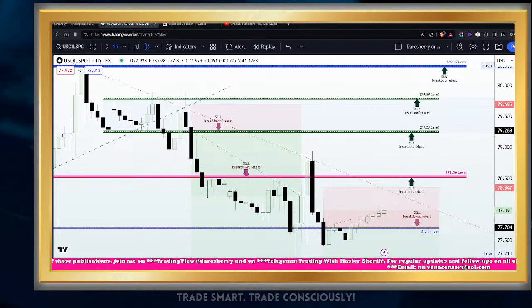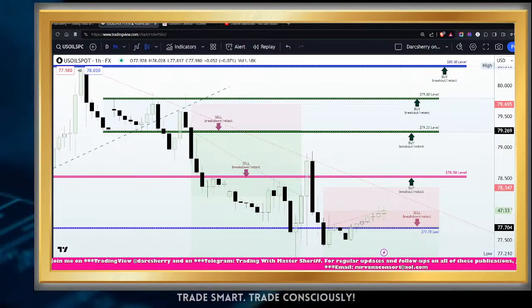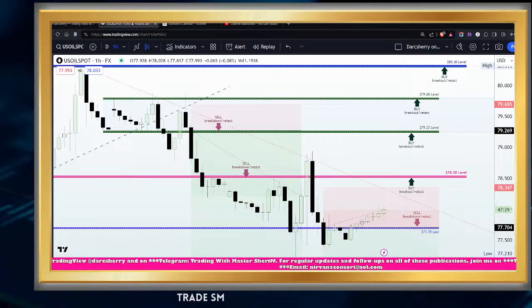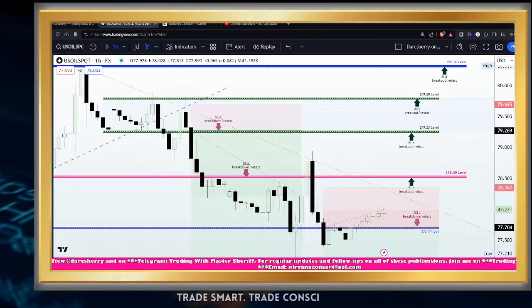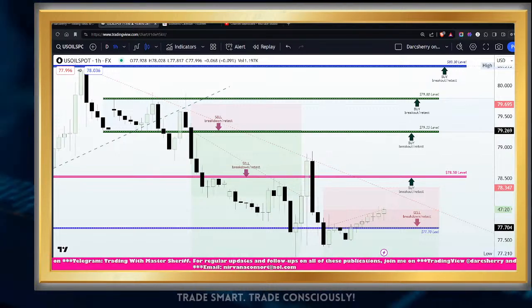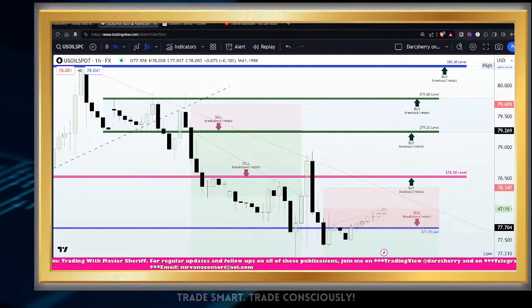And for those of you who are with me on both my TradingView and Telegram platforms, you must have gotten an update or an idea of what we will be doing today. So we are going to be expatiating on that, and of course use the information we can identify on the chart to strategically position ourselves for the next move.